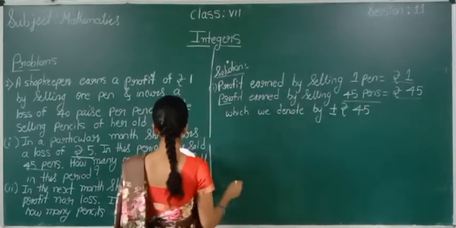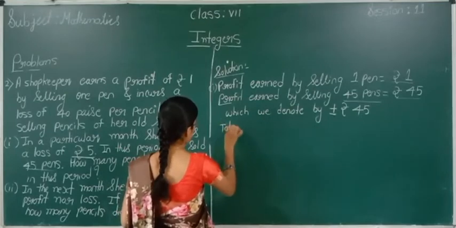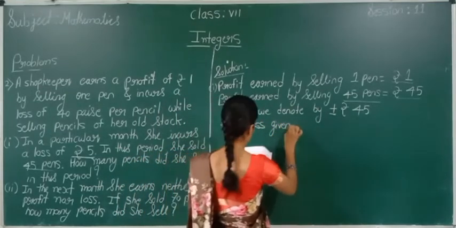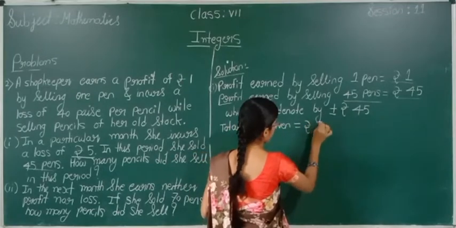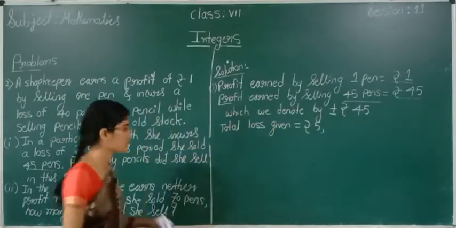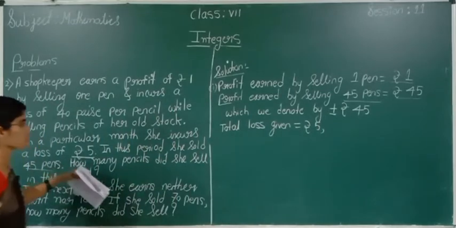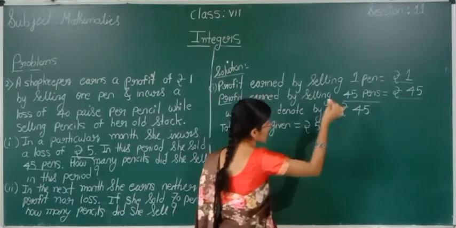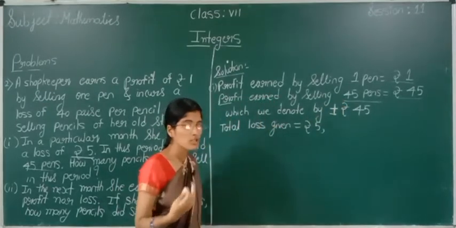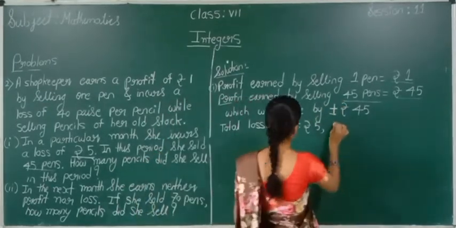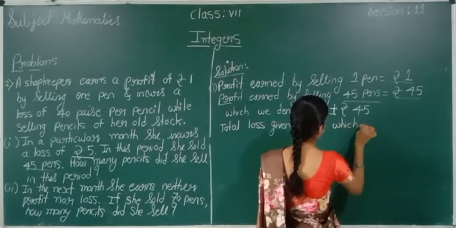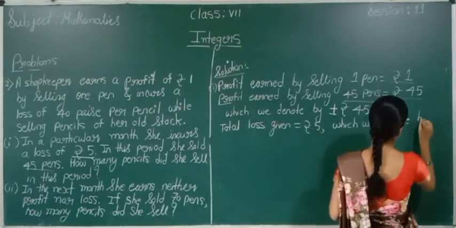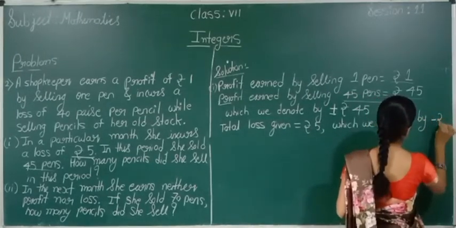Now the total loss, how much is given? Total loss given is equal to rupees 5. In a particular month the shopkeeper incurs a loss of rupees 5. Profit we denote by plus, and the loss we denote by minus, which is minus rupees 5.